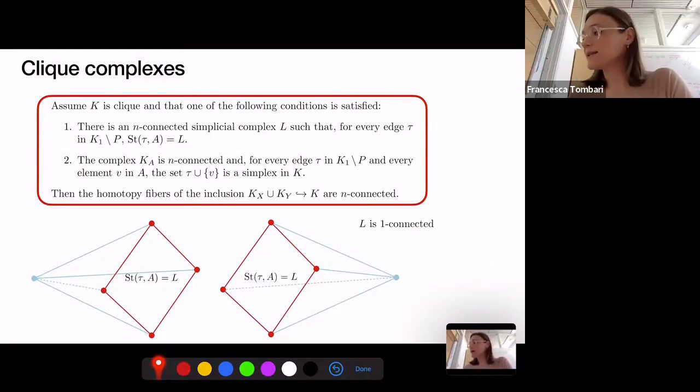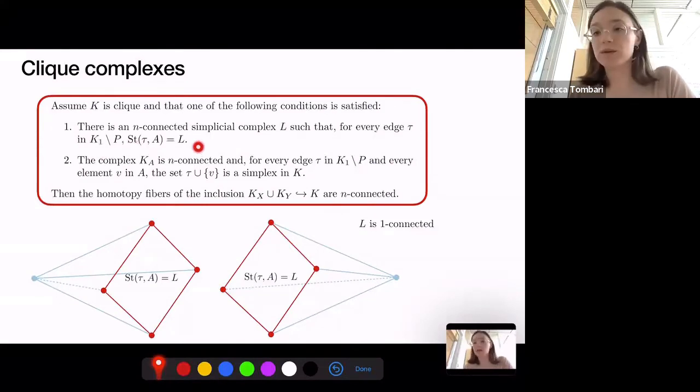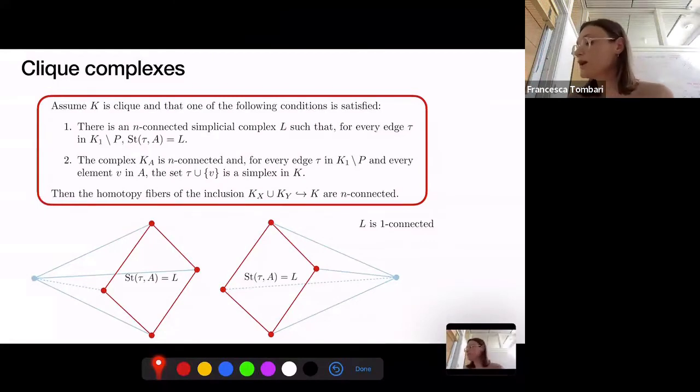So this satisfies the first condition of the theorem: there is a one connected simplicial complex L to which every obstruction complex of an edge in K minus P is equal. Since we have only one edge, we are done. This allows us to conclude that the homotopy fibers of the inclusion are also one connected.